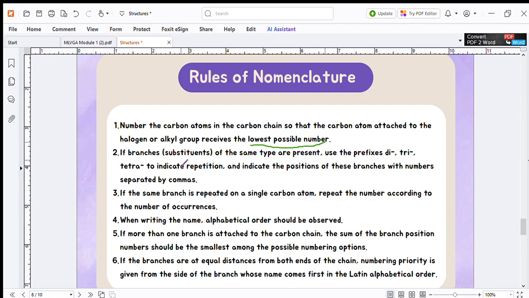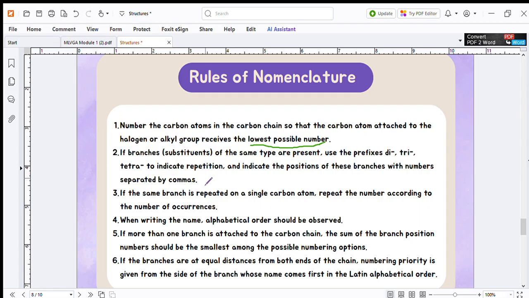Next, if branches or substituents of the same type are present, use the prefixes di, tri, tetra to indicate repetition and indicate the positions of these branches with the numbers separated by commas.